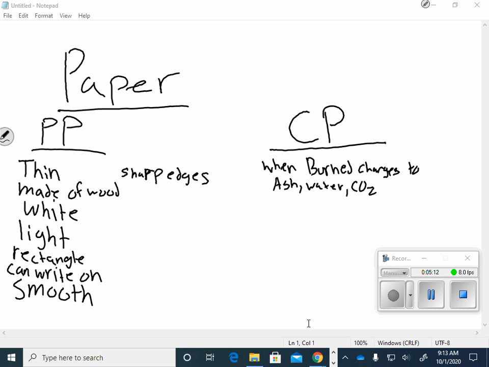And so that one is actually a physical property of it, that it can soak up water. It still remains a paper in the end when you soak it with water. Okay, any other ones? Chemical properties are definitely the harder ones to think of.